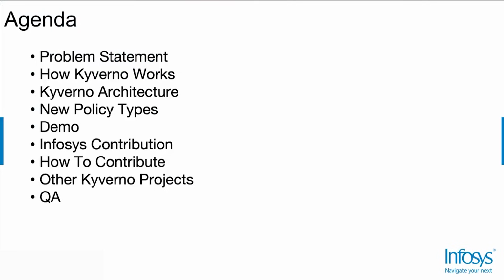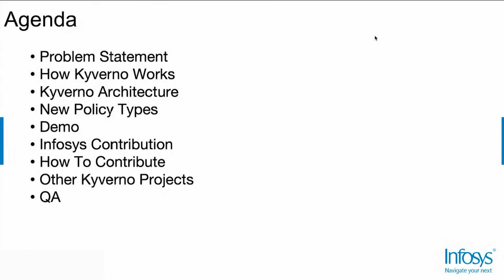So a little bit about the agenda of today. We're going to start with the problem statement, and we'll dive into how Kyverno works and the overall architecture of Kyverno, and then we'll dive into the new policy types that we're adding to Kyverno, starting from the 1.14 release.